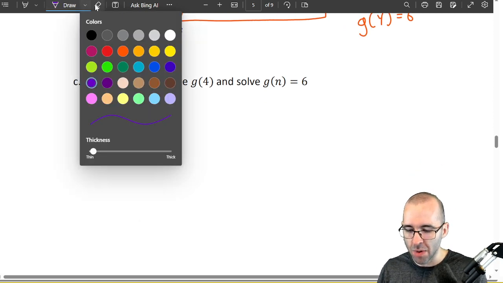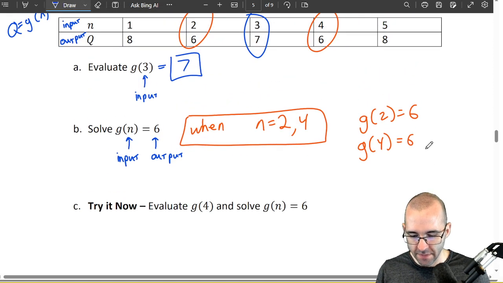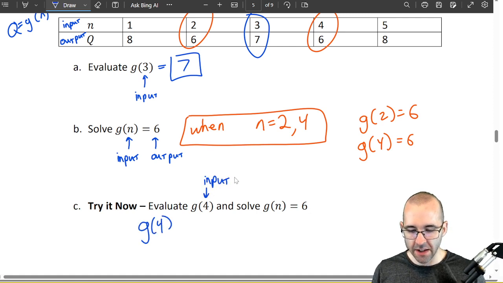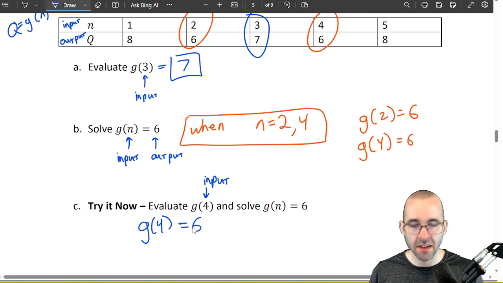Okay, so try to do this problem on your own, see what you get, and then we'll go through it together. All right, g of 4. 4 is the input. We need to find an input of 4. Oh, we found it. Input of 4 gives an output of 6. So g of 4 is 6.